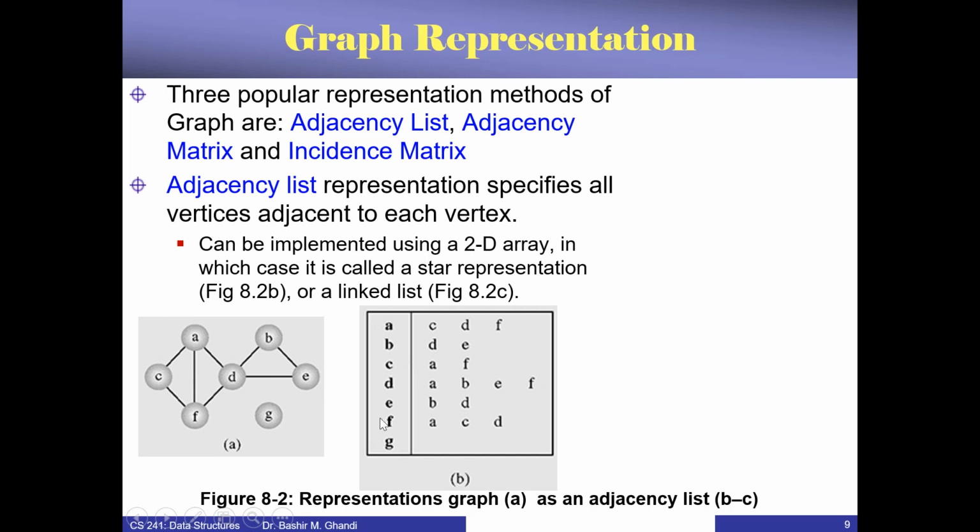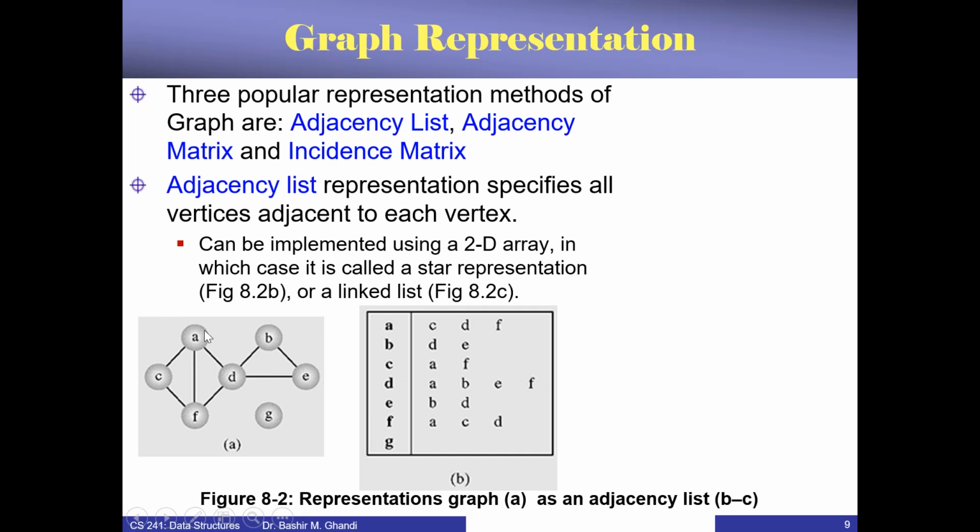where the vertices will form the rows, if you like, and then for each vertex we list in the columns the vertices that are adjacent to it.